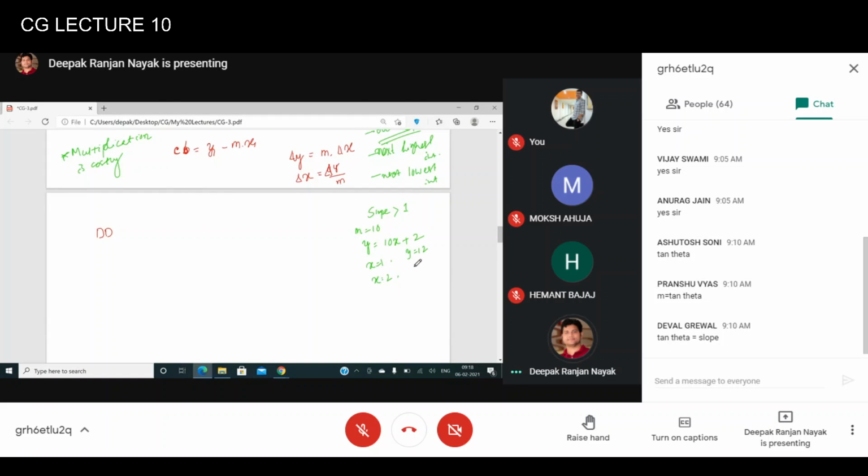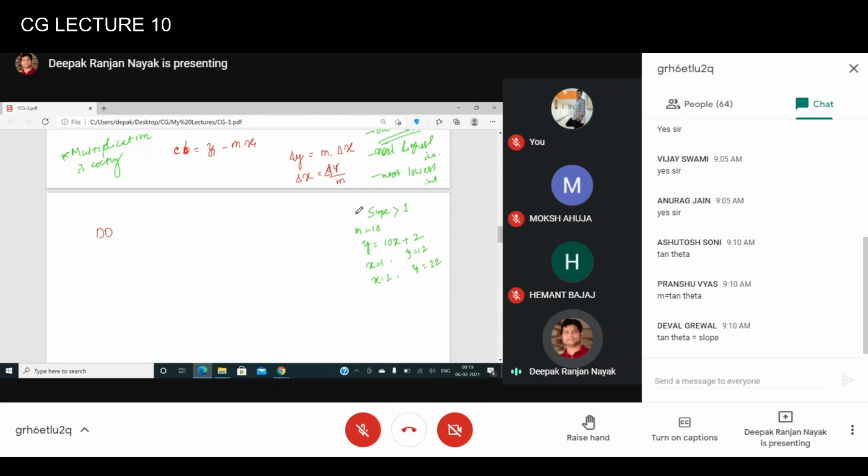So the first pixel will be at coordinate 1 and 12, and the second pixel will be at coordinate x is equal to 2, y is equal to 22. If you look, the first pixel is (1, 12), the second pixel is (2, 22).